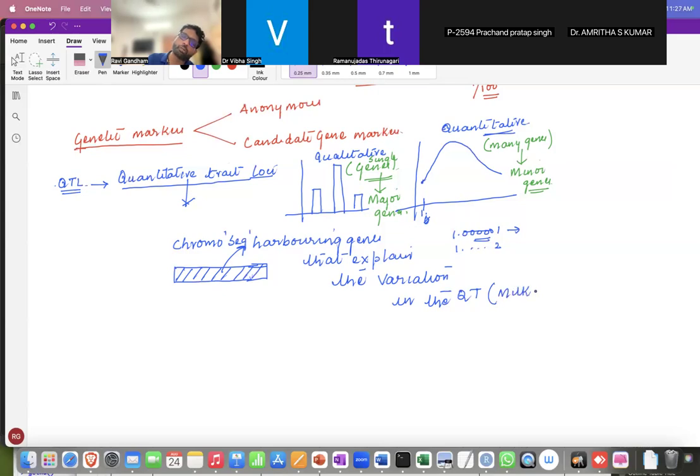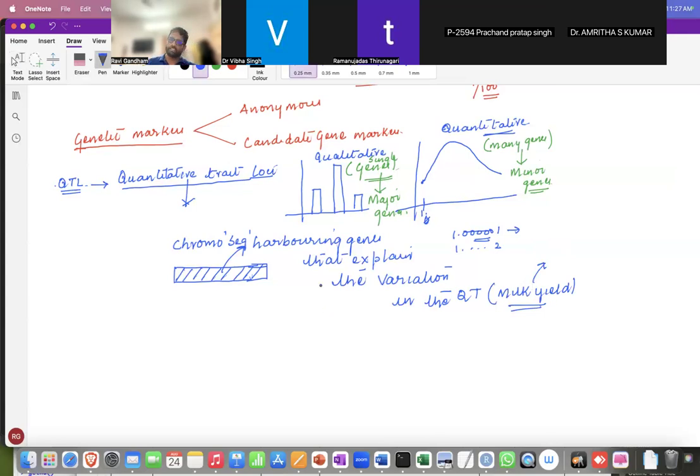Milk yield is a trait governed by many genes, and ultimately you want a magic marker: if that genetic marker is found in an individual, that individual should be a high yielder.